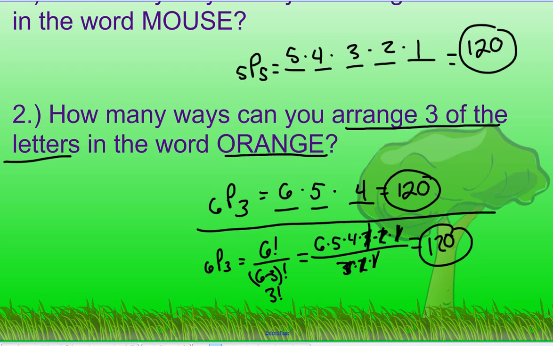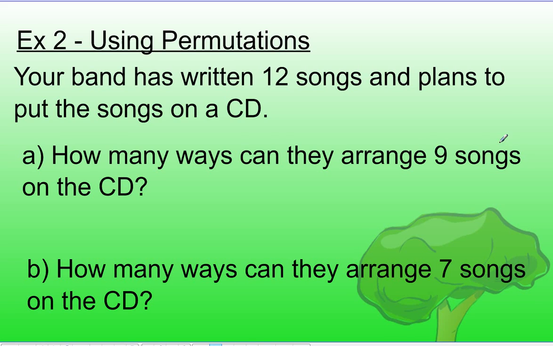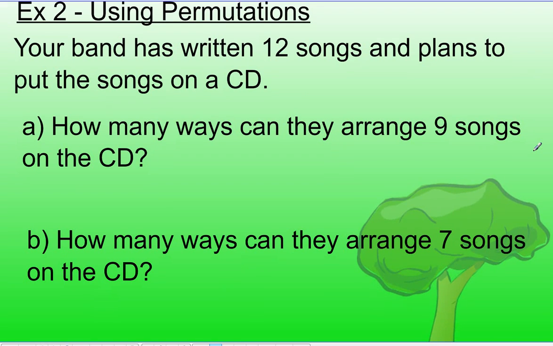So those are permutations. Now, here we're going to check out another little word problem, a permutation problem. It says here, your band has written 12 songs and plans to put the songs on a CD. How many ways can they arrange 9 songs on the CD? Now, this is a permutation because if you're talking about an arrangement, the order makes a difference.